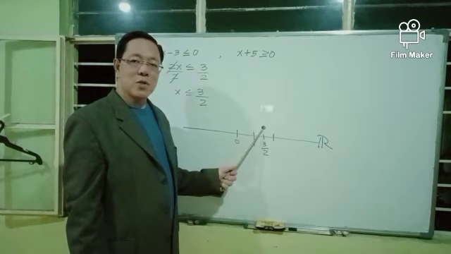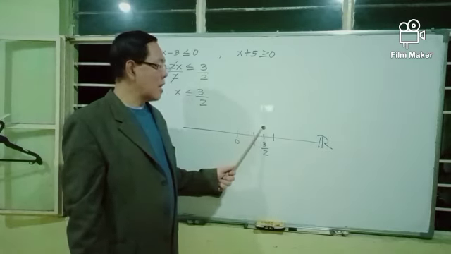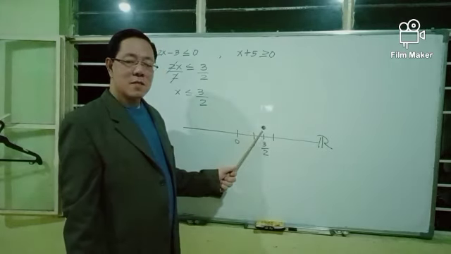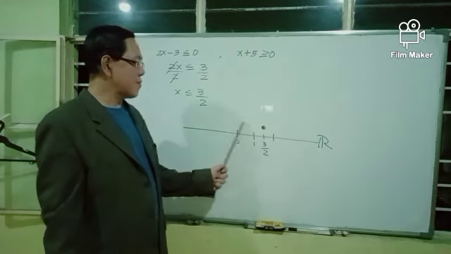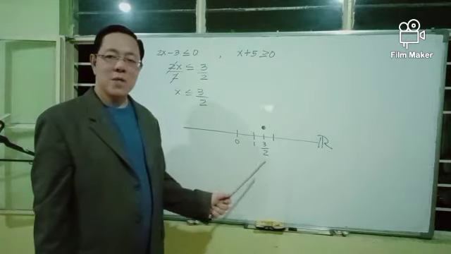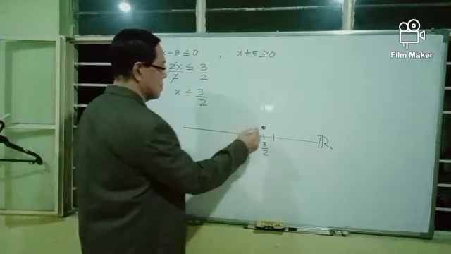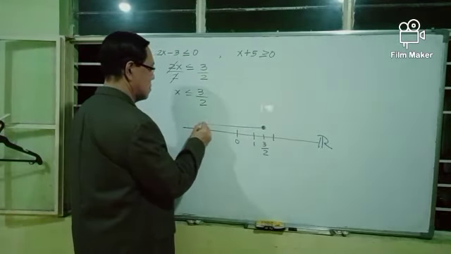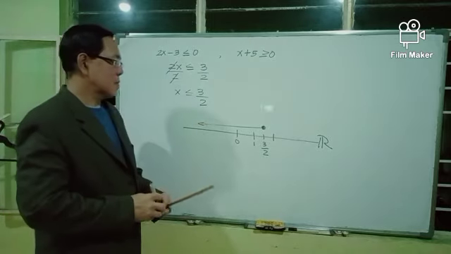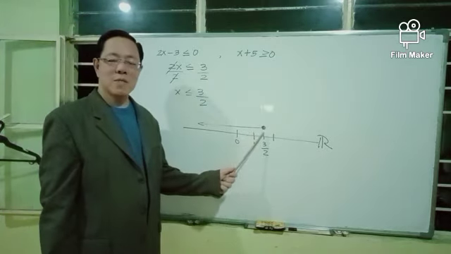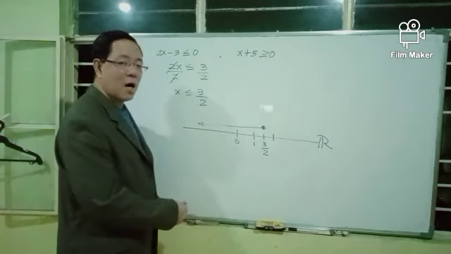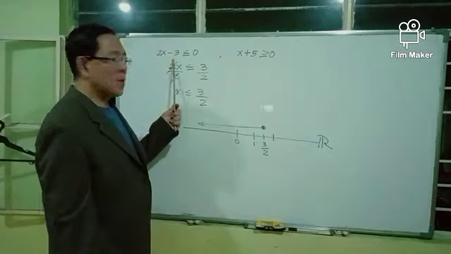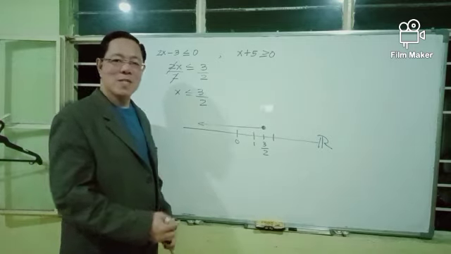This is 3 over 2, and the real numbers that are less than 3 over 2 are those real numbers to the left of 3 over 2. Those real numbers to the left of 3 over 2 up to negative infinity are solutions of 2x minus 3 less than or equal to 0.